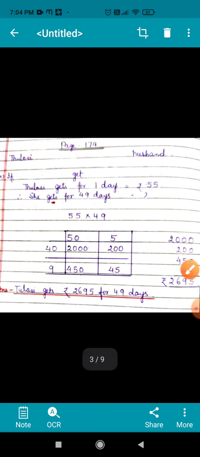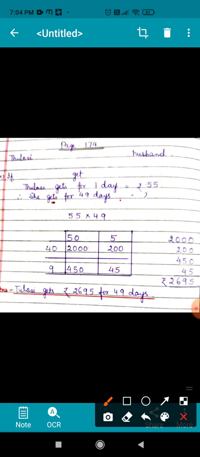Children, here you can see I have done. Tulsi gets for 1 day rupees 55. So she gets for 49 days, that amount will be more, and for more we will do multiplication.